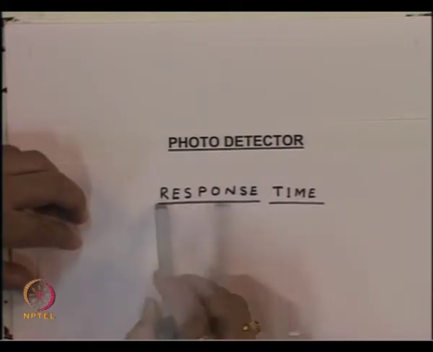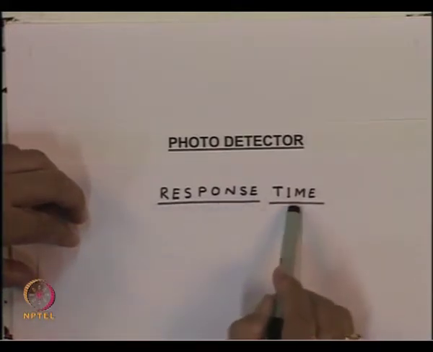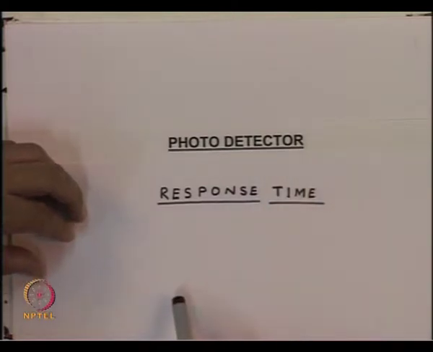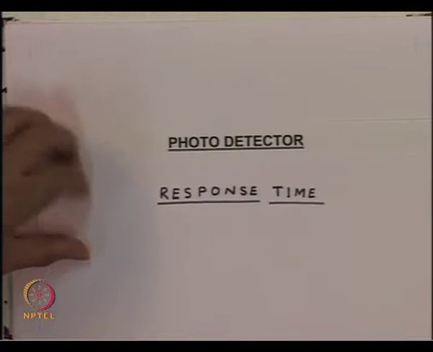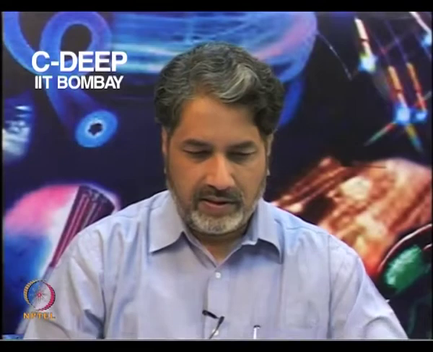So, today essentially we investigate the response time of the photodetector, or in other words, the frequency response of the photodetector. So, first let us take a very simple model and ask the question why there is a finite response time associated with a photodetector.